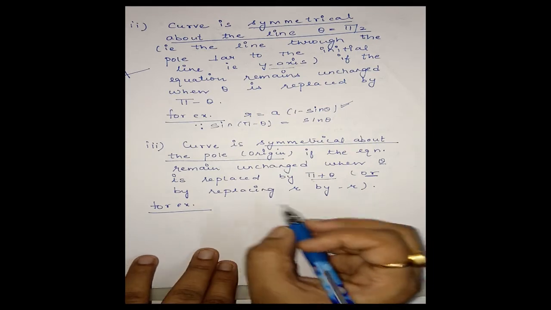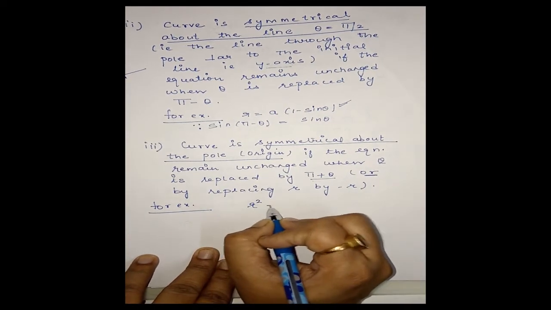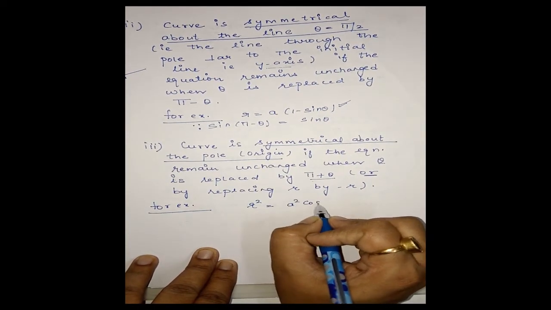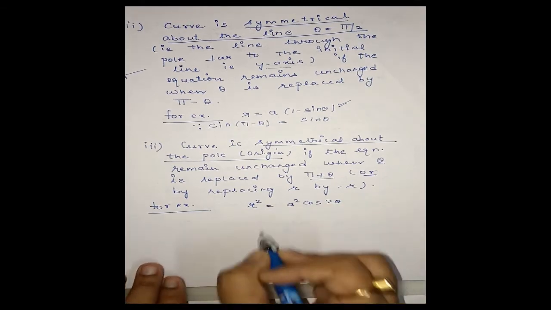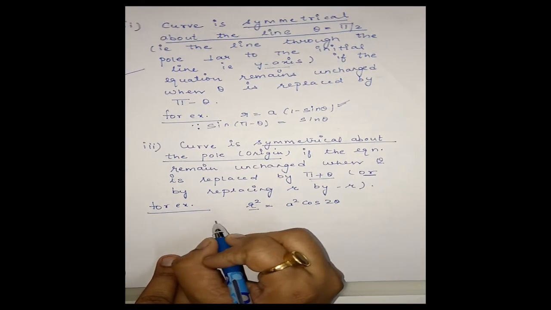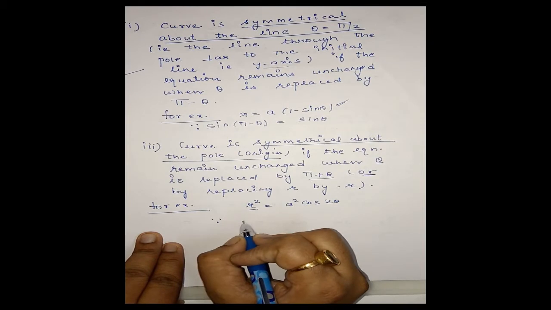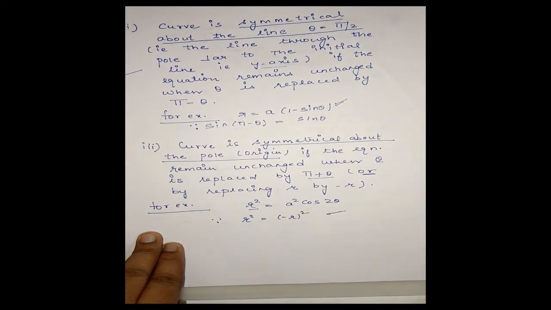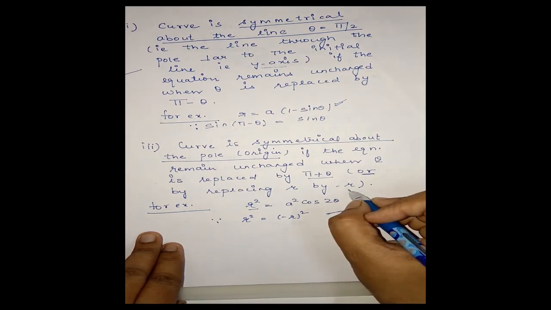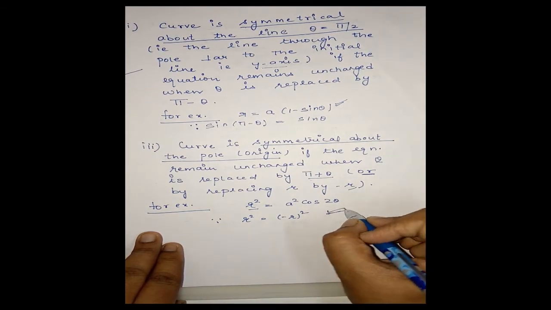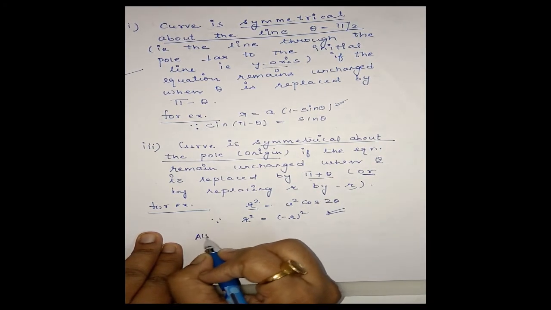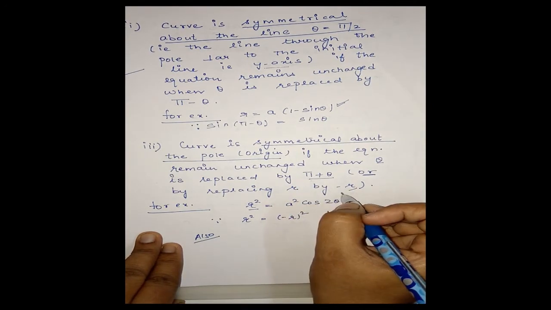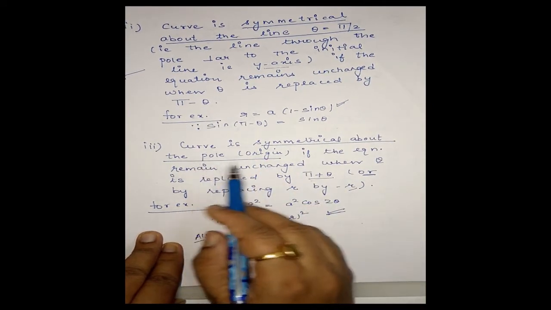For example, if I consider the curve r square is equal to a square cos 2 theta. Okay. If I replace r by minus r, since r square is same as minus r square, equation is same. This is the condition. This also holds, and also any of the condition holds, then in that case curve is symmetrical about the pole.